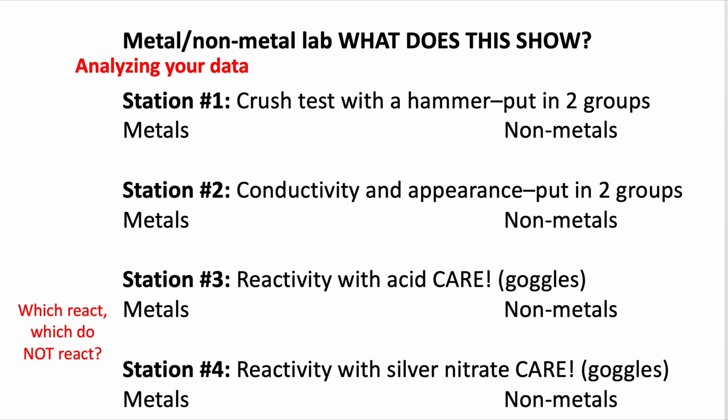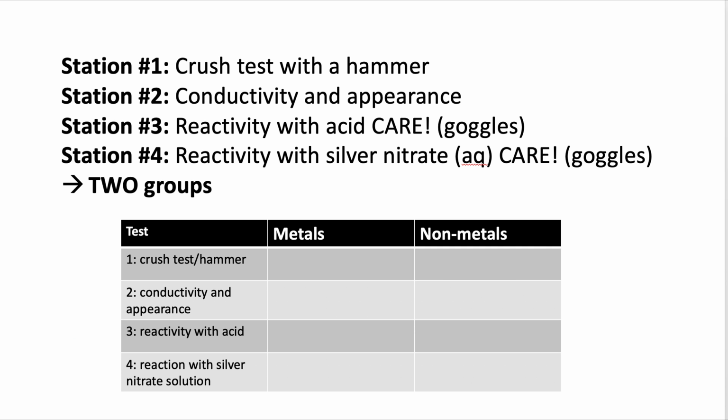And so for each one, divide up which letter sample you think are metals, which are non-metals. And you can have an unsure category. And ditto for conductivity and appearance. And then for both 3 and 4, the reactions, which ones do react, which don't.